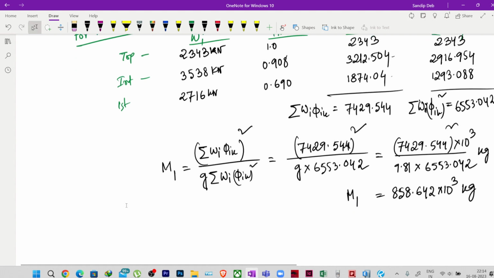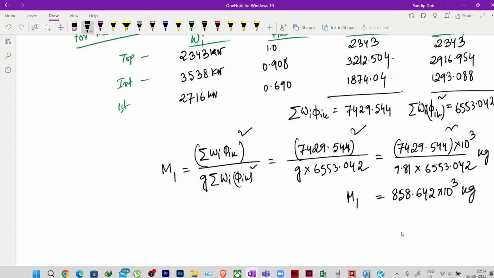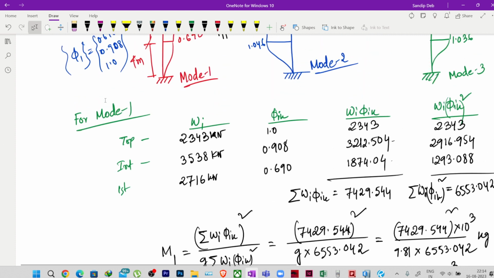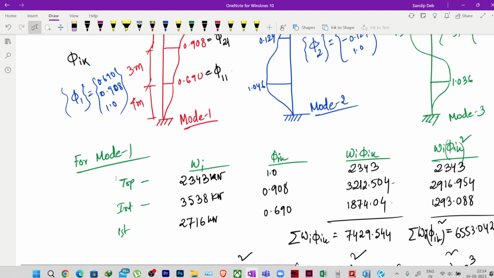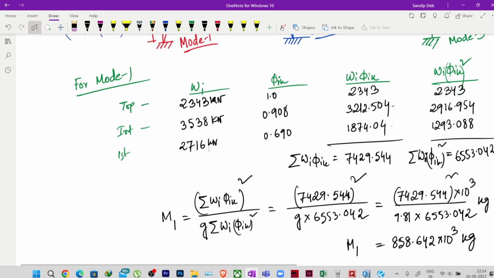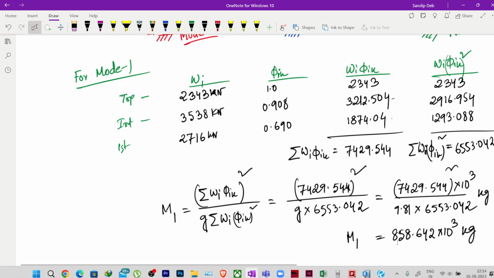This is the mass that vibrated in mode 1.